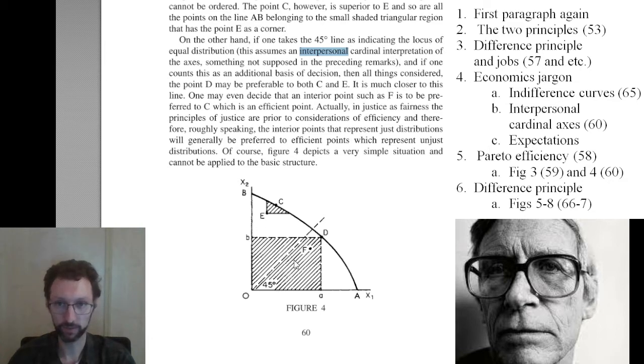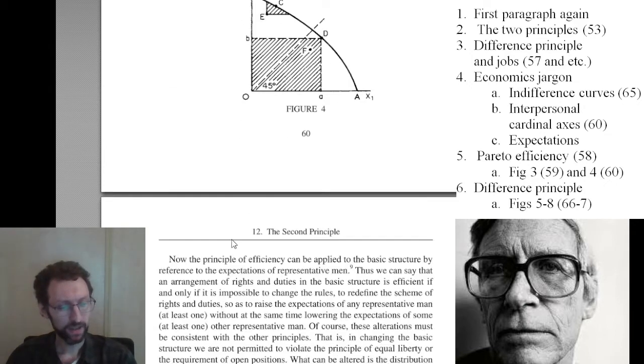And so we can trade off between them and stuff like that. We can graph both of them against each other. That just means we're making interpersonal comparisons of them. And when he says cardinal, he just means we can use cardinal numbers to do this. So 1, 2, 3, 4, 5, 1, 2, 3, 4, 5. That means a 1 down here on the x-axis for x1 is equivalent to a 1 over here on the y-axis for x2. Again, this does not matter. You don't need to understand this to understand what Rawls is saying, but sometimes it helps.